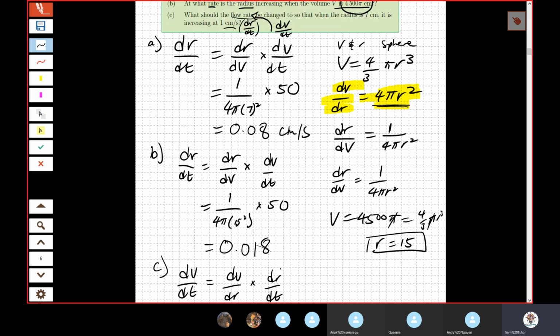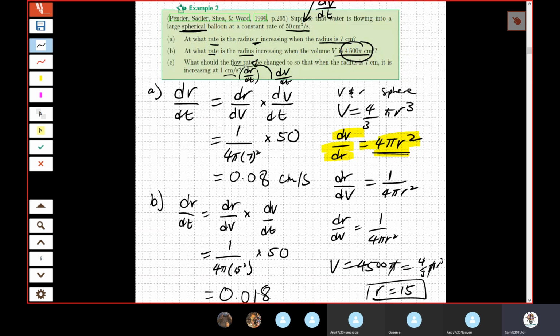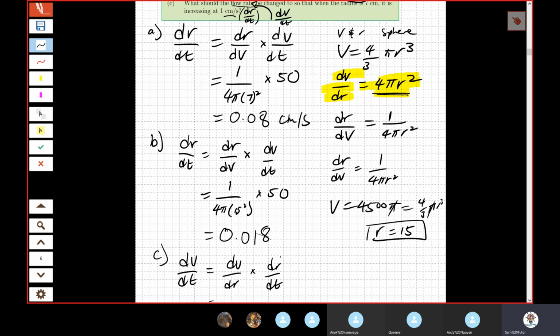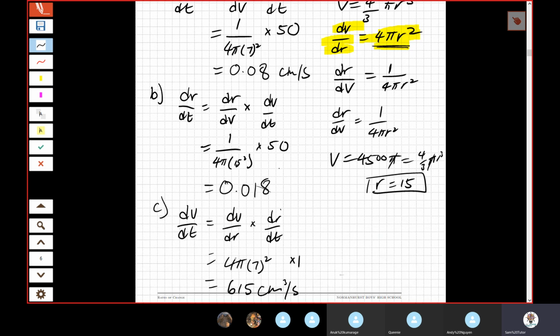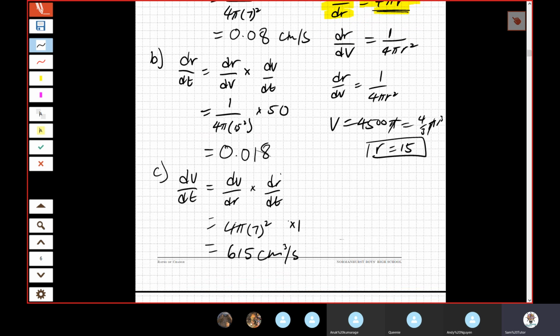So it needs to flow at that rate so that the radius of 7 centimeters is increasing by 1 centimeters per second. Whereas here it was only increasing by 0.08. Yeah, that makes sense. So a lot more. Good. It seems like you're getting it, which is good as well. Good job on that.